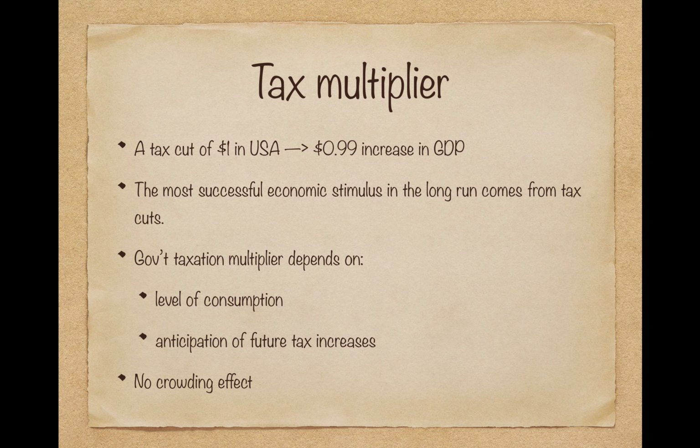Also, and it's a positive point, it has no crowding effect. That means that when you increase government expenditure, it partially displaces the expenditures by households and firms. It lowers them, and this is a negative effect brought by government spending, and that is not applicable to the tax multiplier.